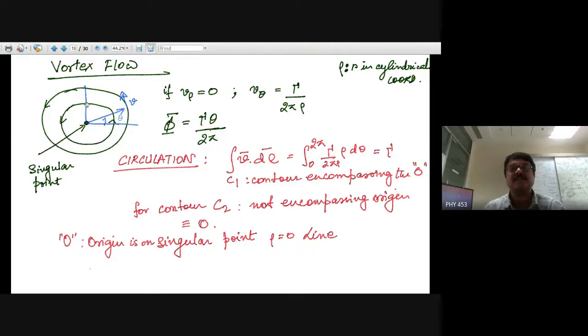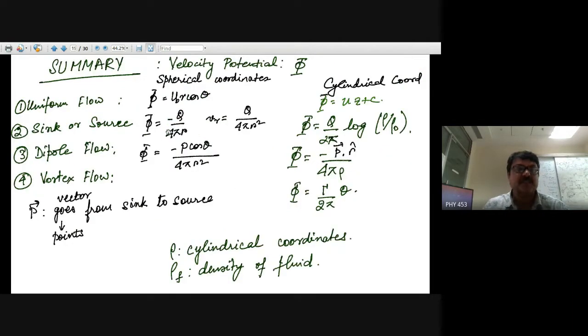They would cancel, and so the angular displacement would be the same. And so circulation will be 0. You can take any other loop and try it out, the circulation will be 0. So this is essentially the velocity potential. Here I have summarized the velocity potentials for various cases, including vortex flow in cylindrical coordinates.